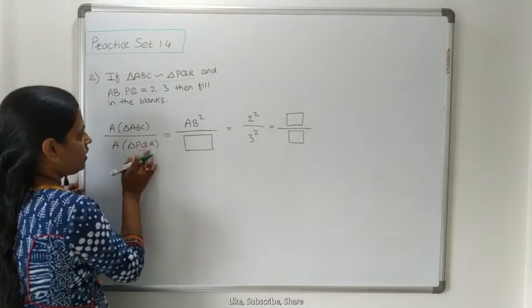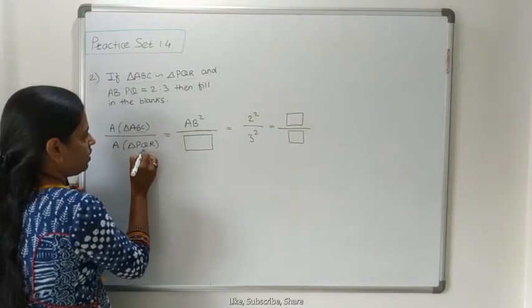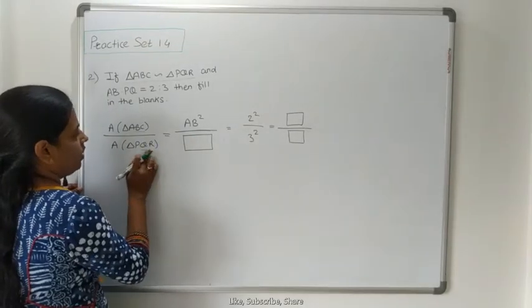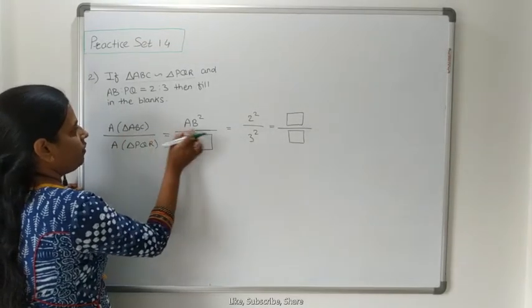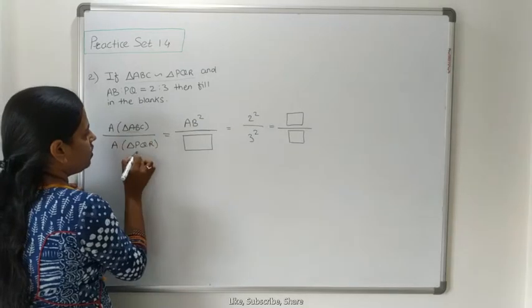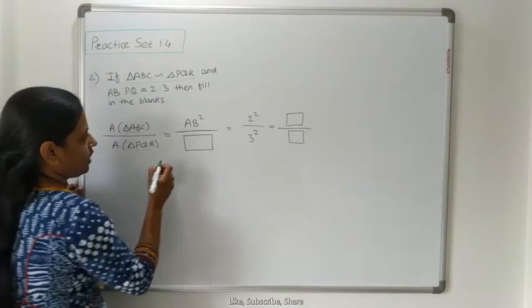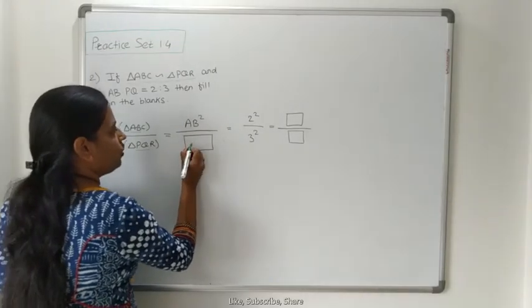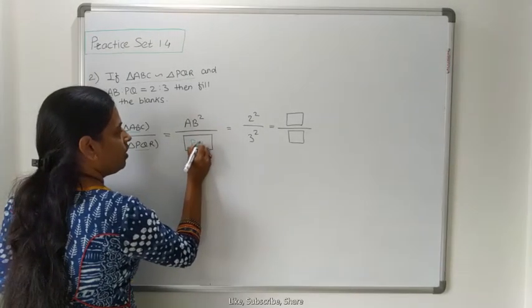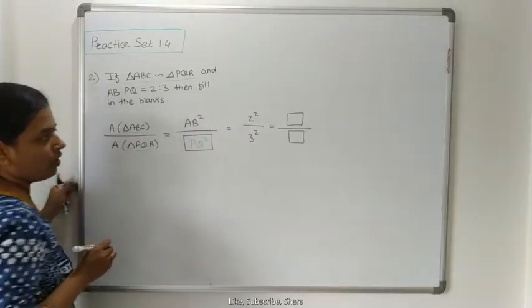When we consider side BC, this is equivalent to QR. Clear? So AB is divided by PQ. These two are the equivalent sides. So in this bracket we have to put here PQ square. Understand this one?